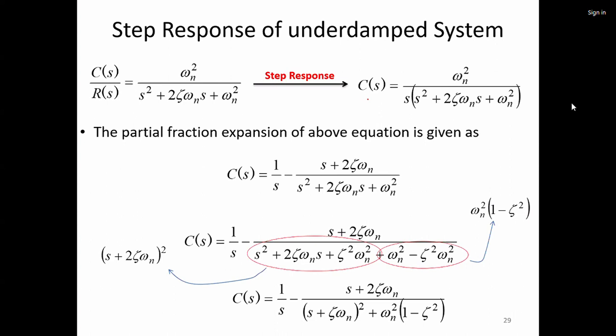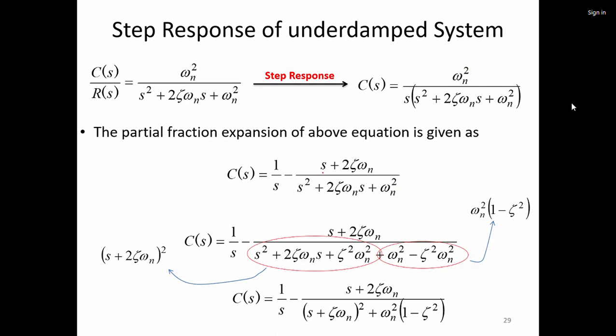So your output for a step input is going to be 1 over S times the transfer function. So this is basically going to be the output for a unit step input. Now this you may not be able to appreciate because you do not have an inverse Laplace transformation of this entire term. So you do some algebraic modification.